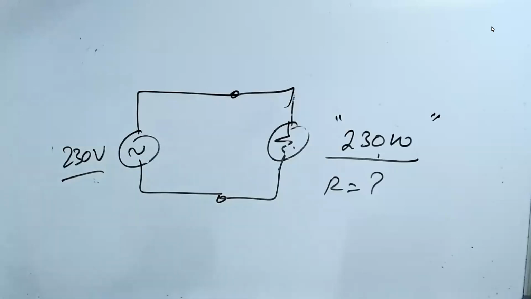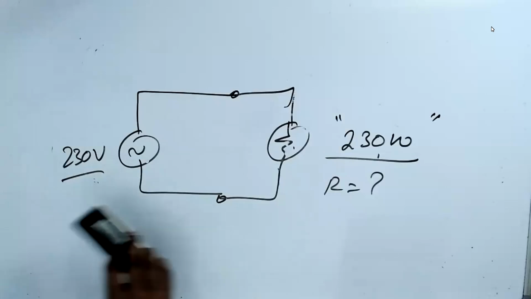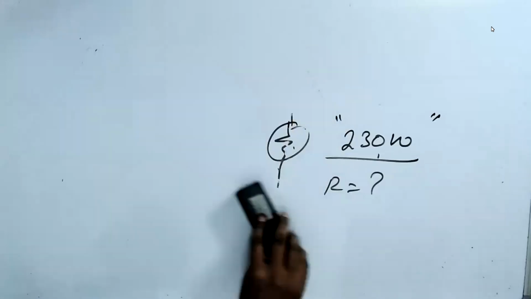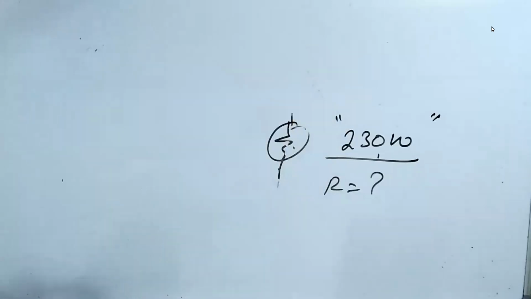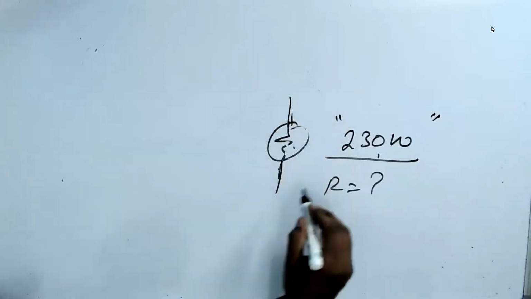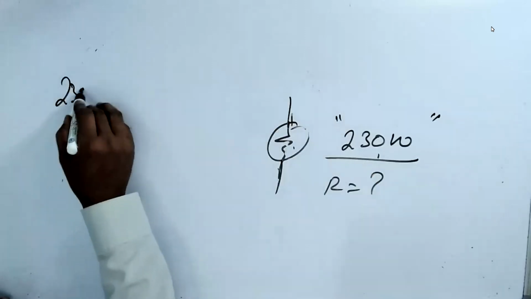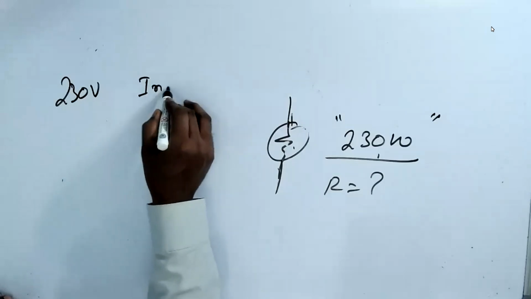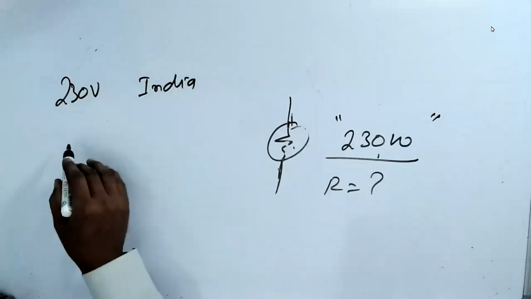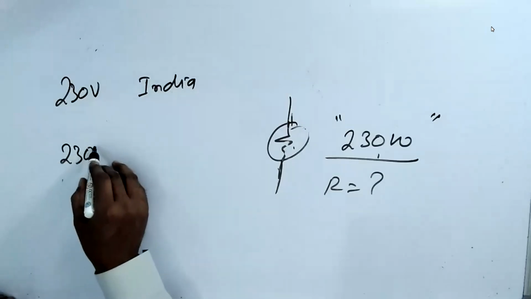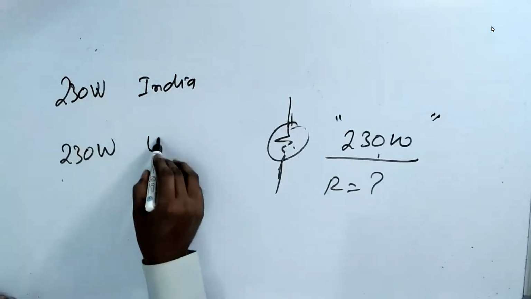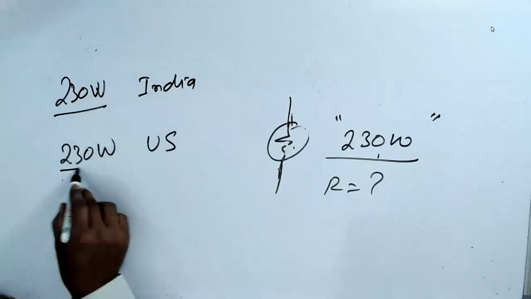But to be frank, if I give you a 230 watts bulb, you cannot find the resistor, because if I buy a 230 watts bulb in India, and if I buy a 230 watts bulb in US, both are 230 watts.